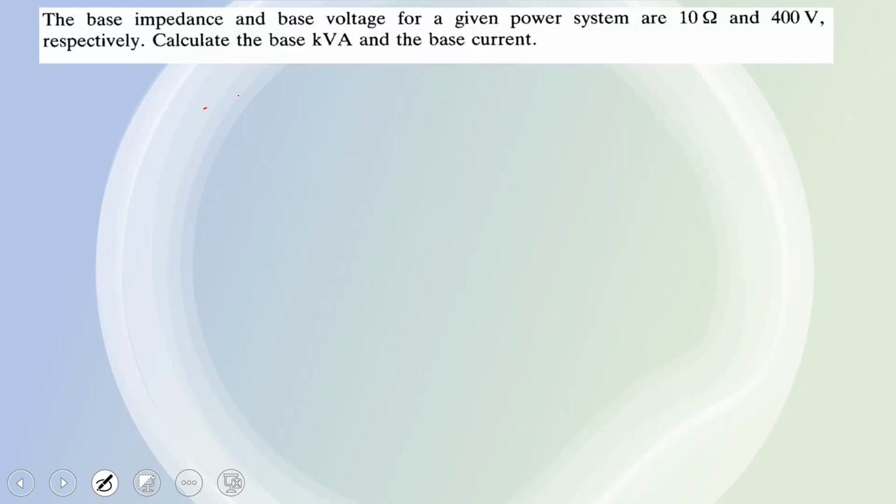So now let us consider the first numerical example. Here base impedance and base voltage are given. Base impedance is 10 ohm and base voltage is 400 volt. And the task is to calculate base kVA and base current. So how will you calculate base current?